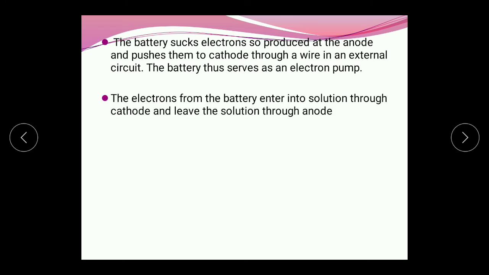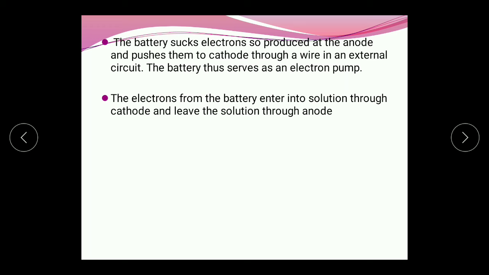The electrons from the battery enter into the solution through the cathode. Through the external circuit, these electrons arrive at the cathode and they enter the solution. Already, what is the situation at the cathode? Because it is negatively charged, Na plus ions are gathered around the cathode.